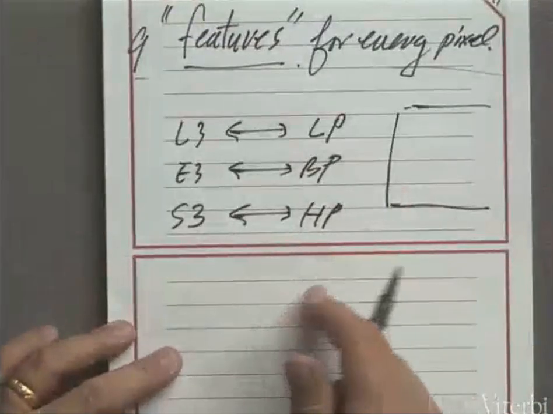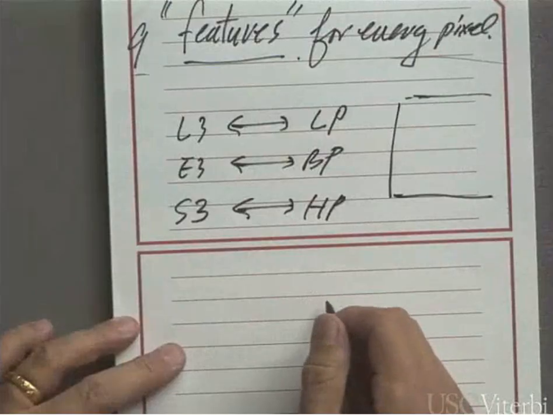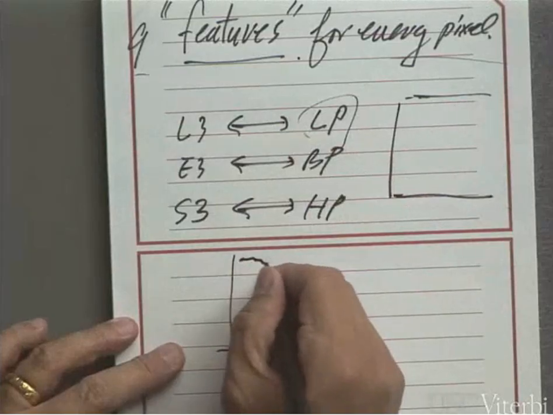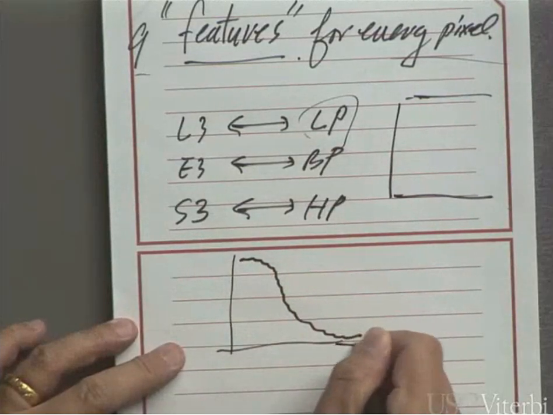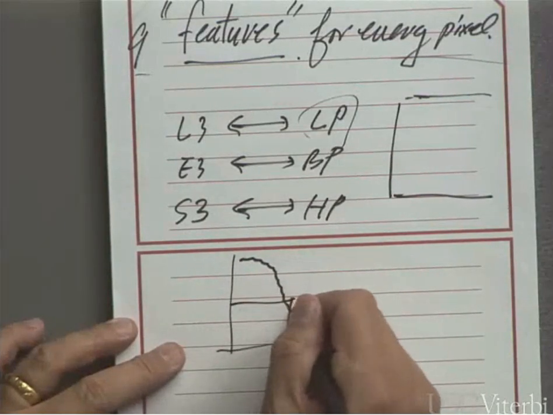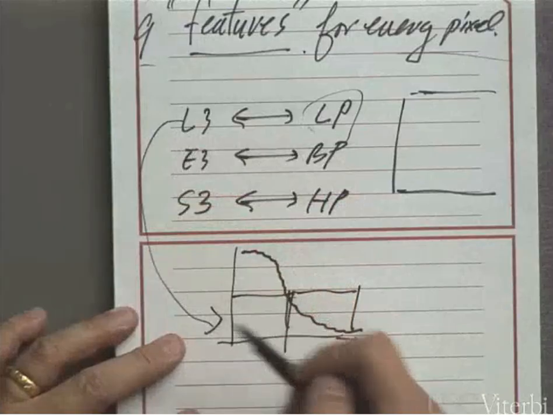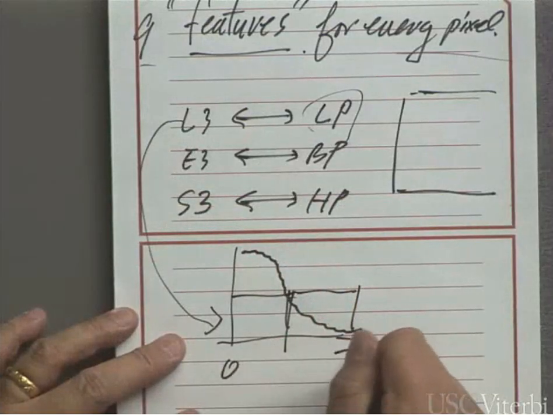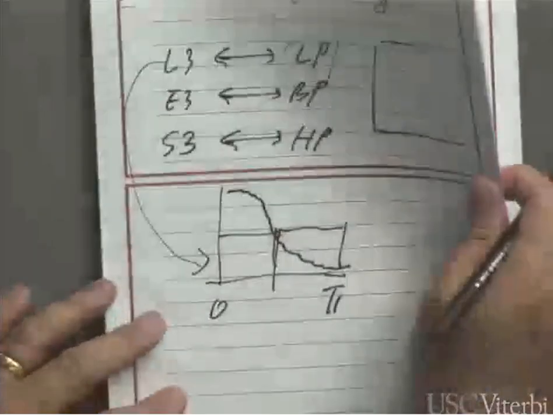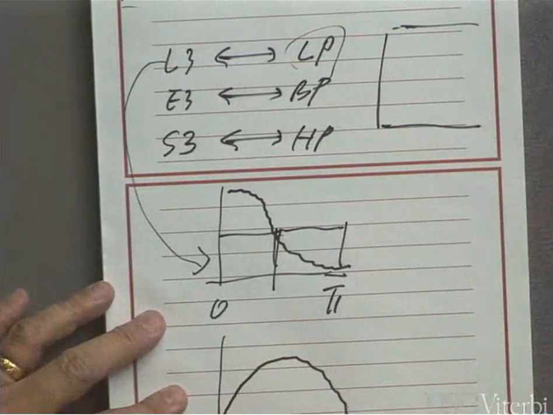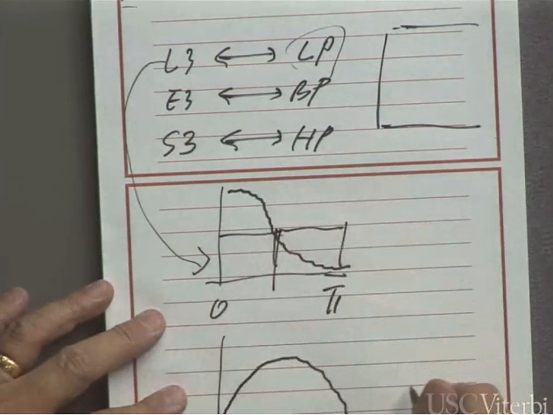Okay, it's not very good. So for example, this low pass filter will look like this. It's something like that. This low pass filter. You look at frequency 0 to pi, and this band pass filter will look like this. And this high pass filter will look like this.